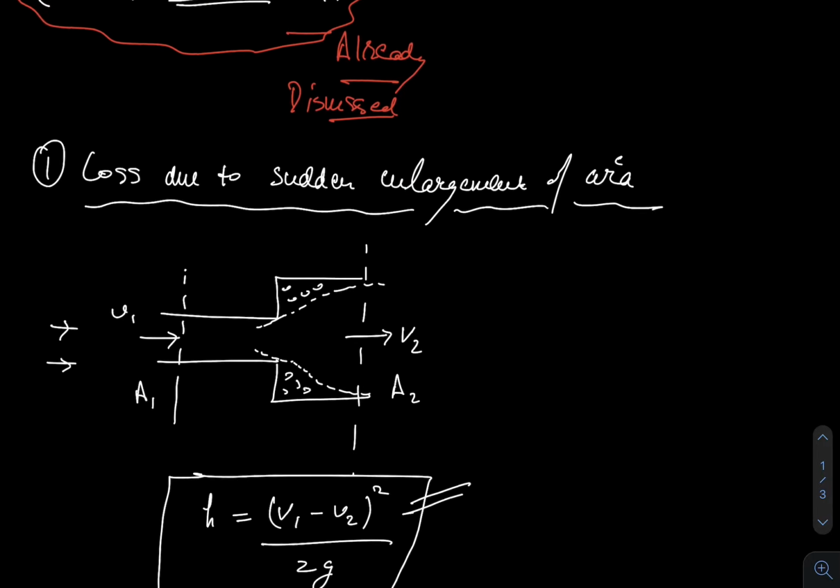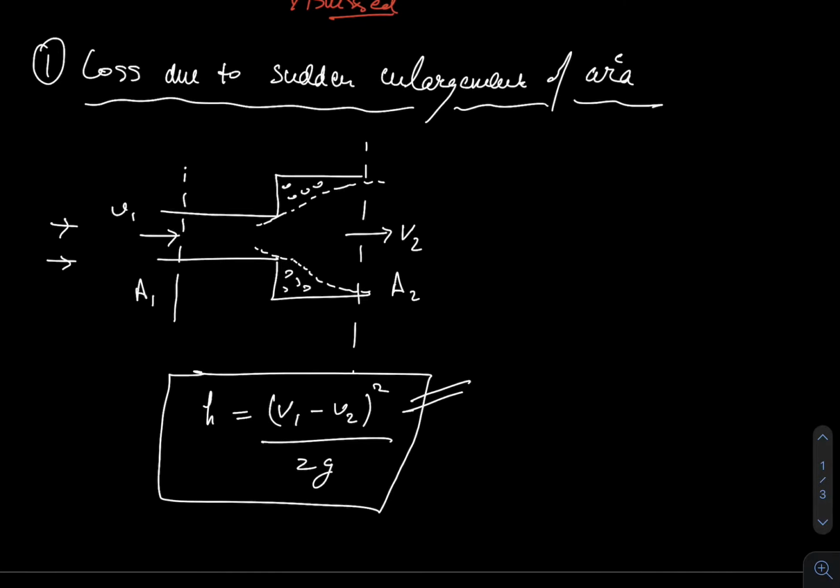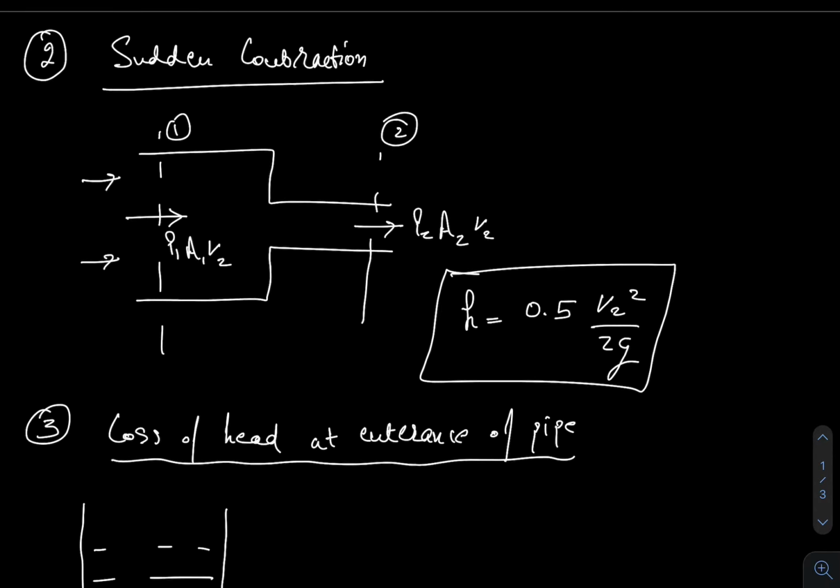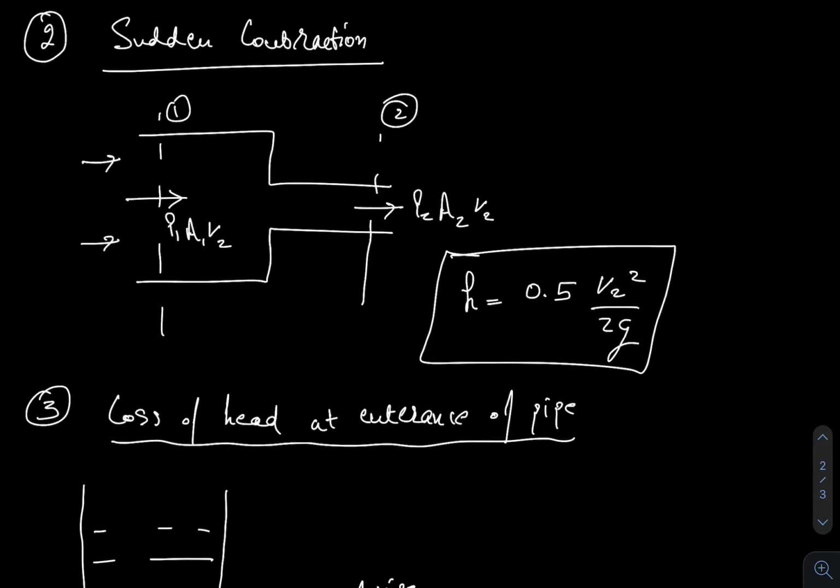In the last class we studied three cases. The first one was loss due to sudden enlargement of area. If my area is suddenly increasing, then there are some losses, and we have written the equation to calculate those losses: H is equal to (V1 minus V2) whole square upon 2g. Similarly, we studied sudden contraction.